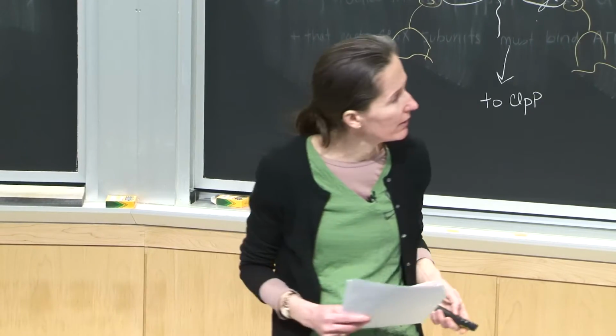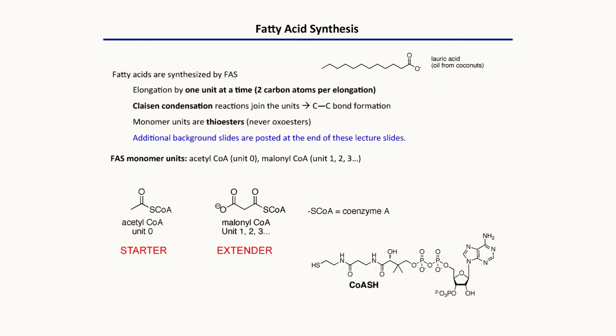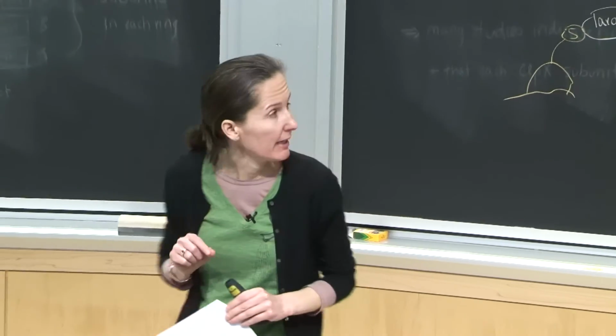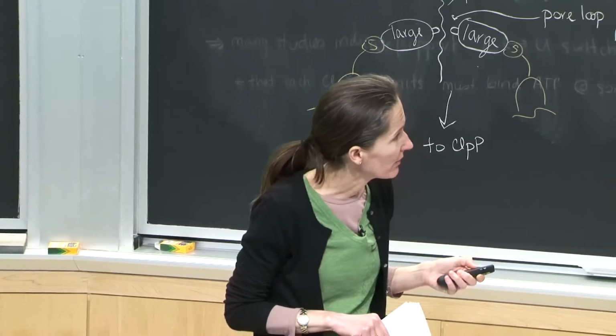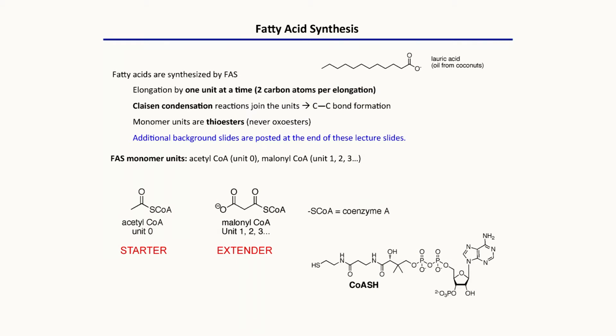If we think about fatty acid biosynthesis, making some molecule like this oil here, just as a brief overview in the last few minutes of class, fatty acids are synthesized by FAS. What happens is that there's elongation by one unit at a time, and each unit provides 2 carbons, so there are 2 carbon atoms per elongation.